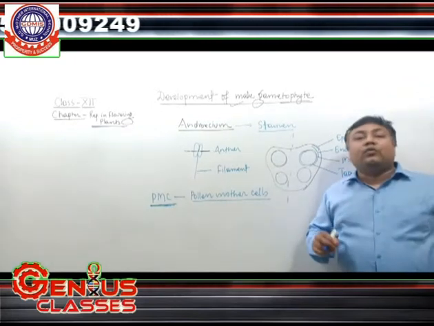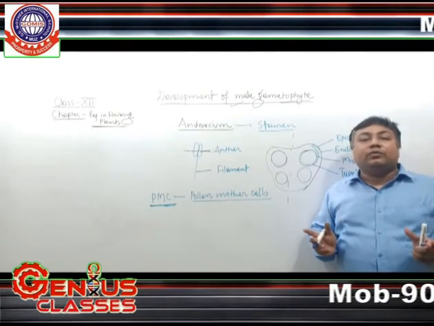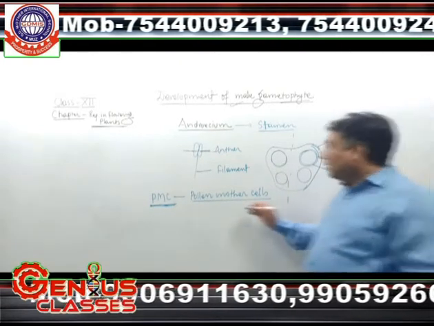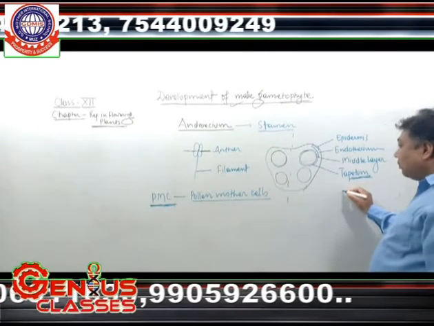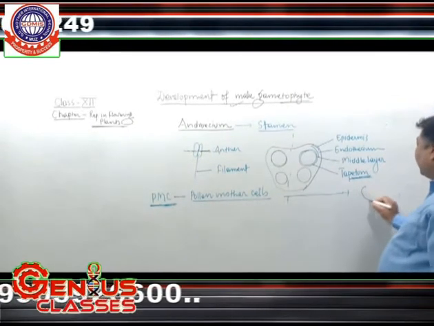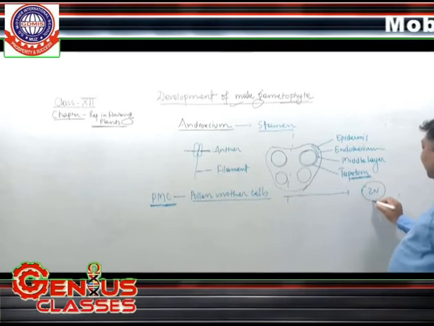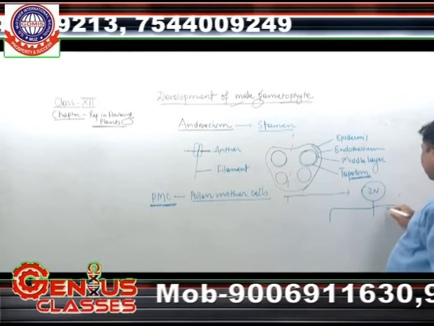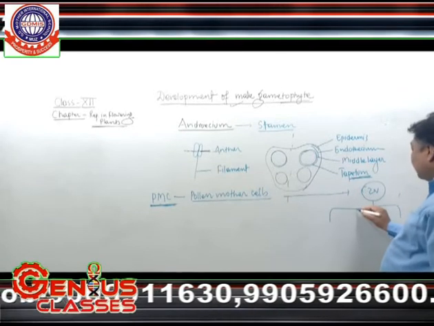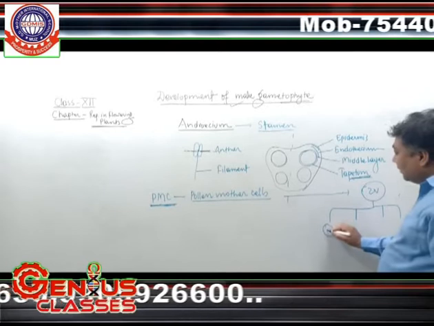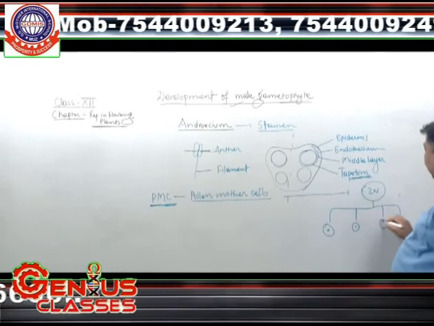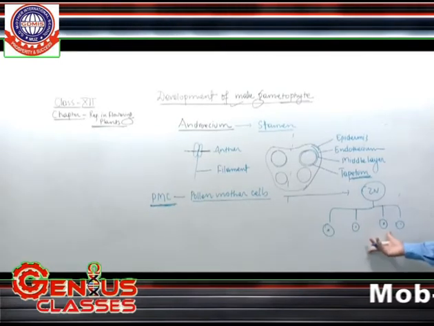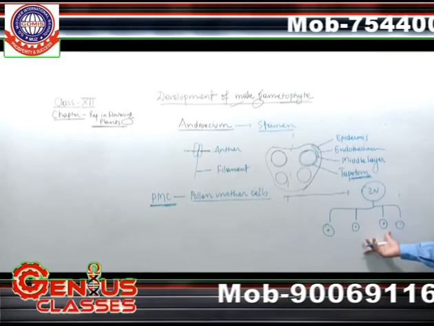Pollen mother cells go for meiotic division and form pollen grains. A pollen mother cell, which is 2n, goes for meiotic division and produces 4 cells, which are called pollen grains, but they will not be separated from their origin.